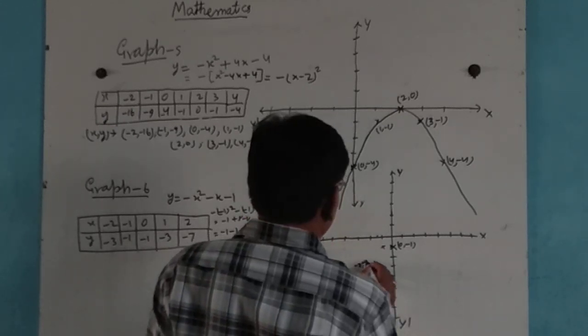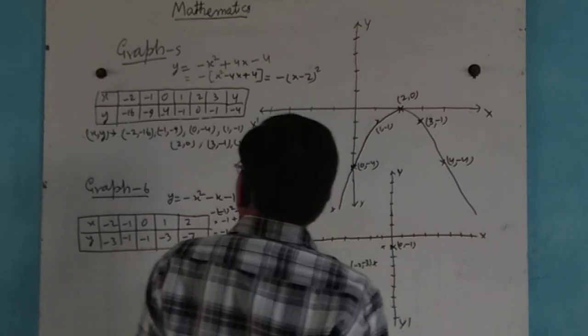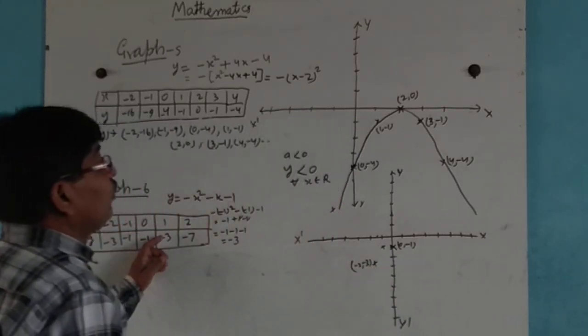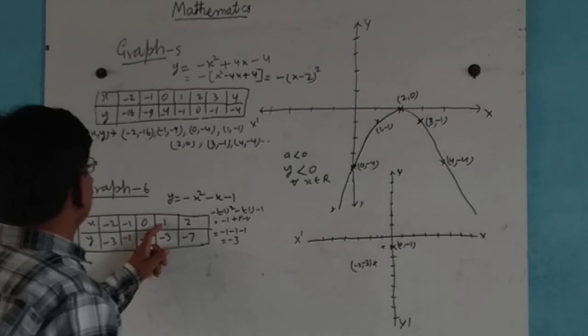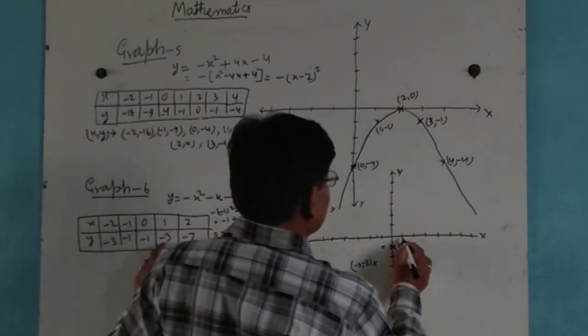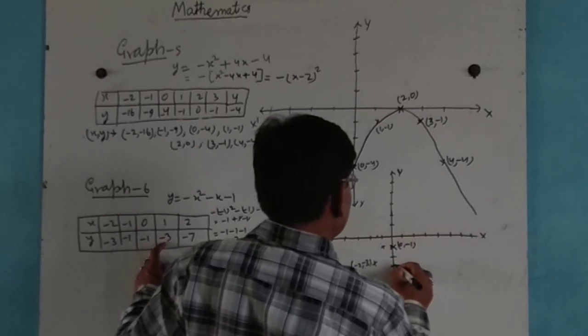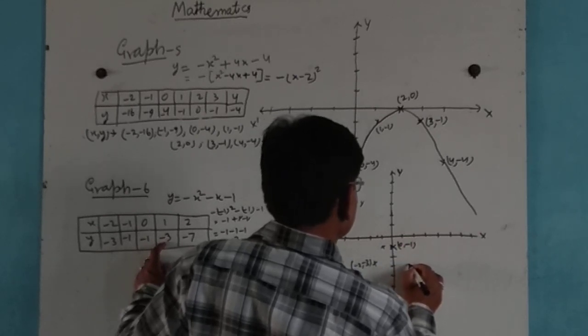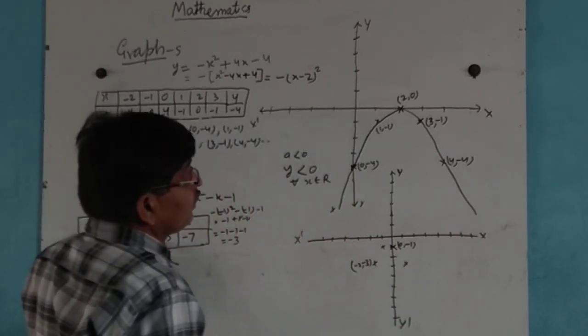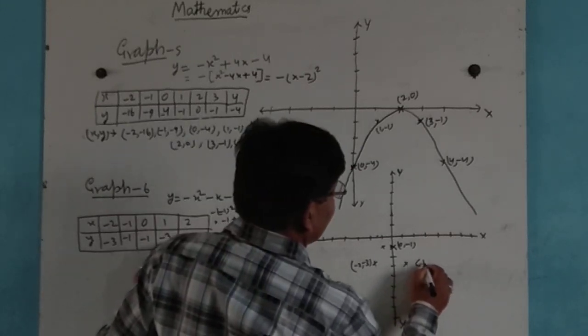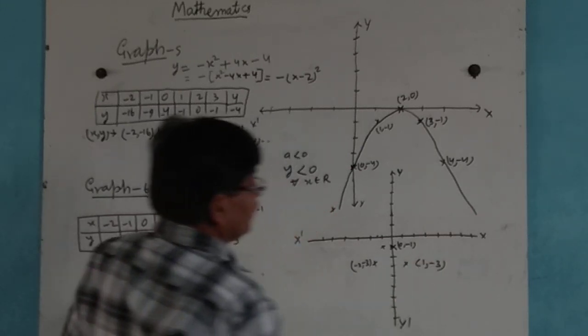Here at the point 1, that is minus 3, 1 and minus 3.